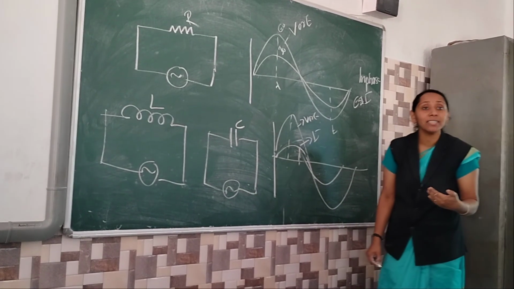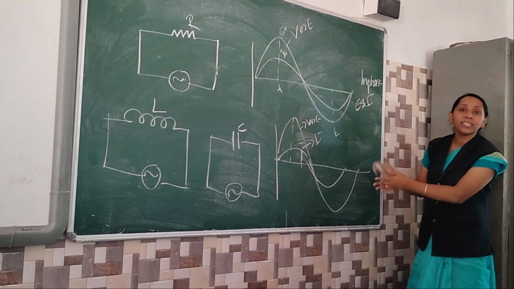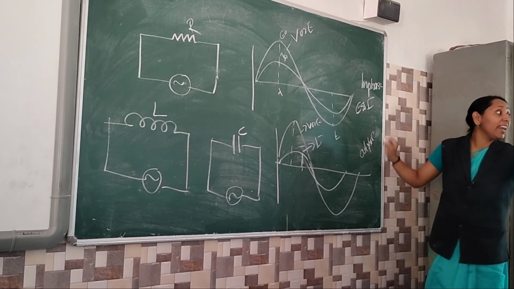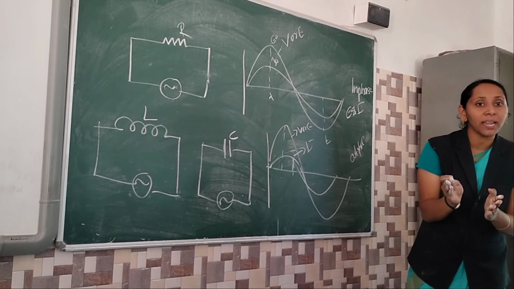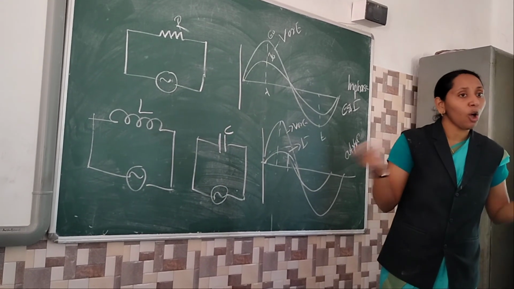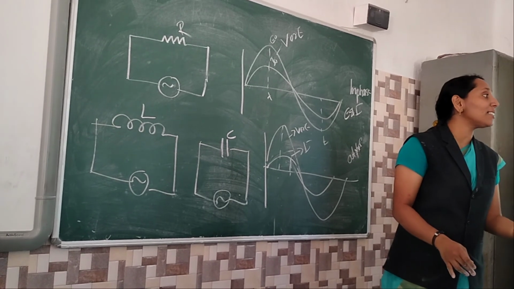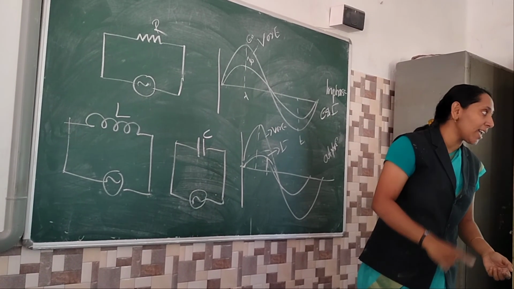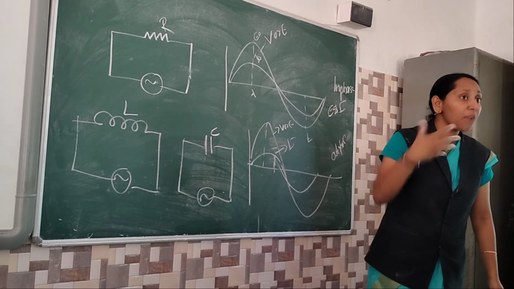That is called as leading. Which one is पीछे आ रहे? That is called as lagging. So not in same, so this is in phase, these are out of phase. Out of phase में two terms आ रहे, leading and lagging, clear everyone? Only resistor means no leading, no lagging, only in phase. Maybe in the case of inductor and capacitor that is out of phase, maximum एक ही टाइम में नहीं आ रहा, so out of phase बोलेगा.